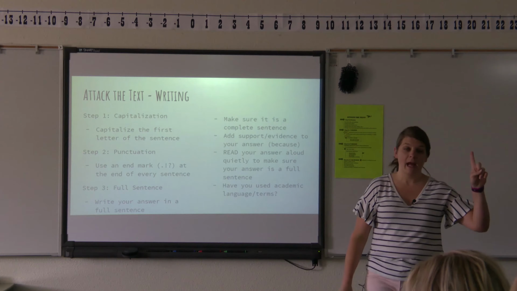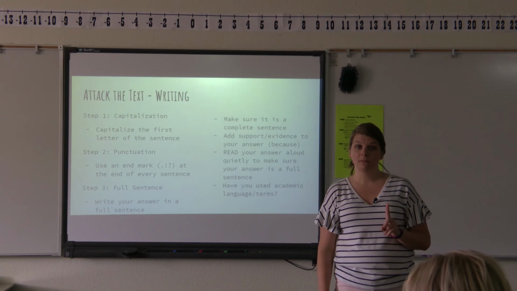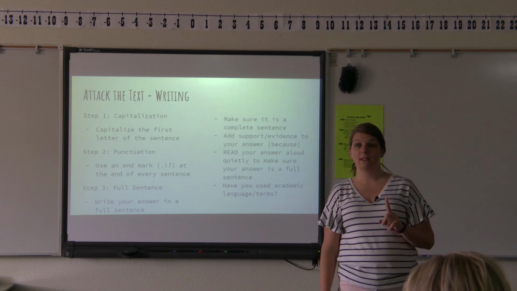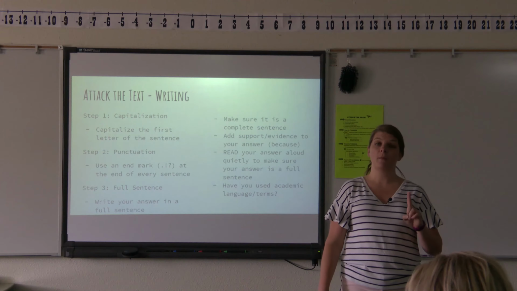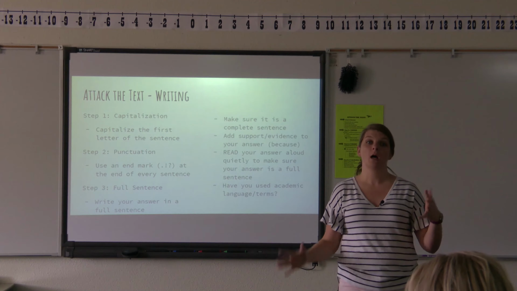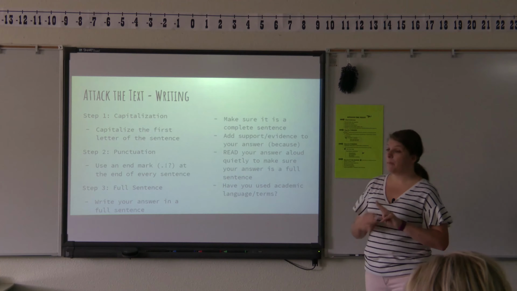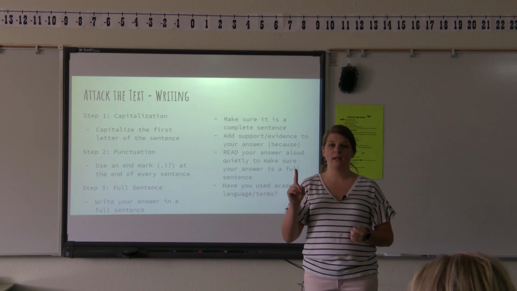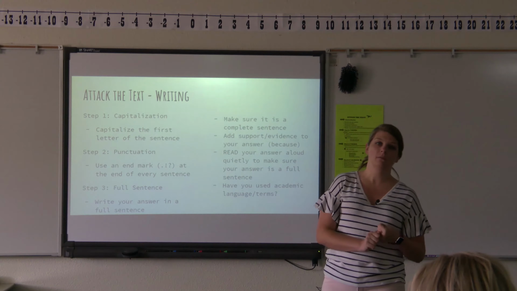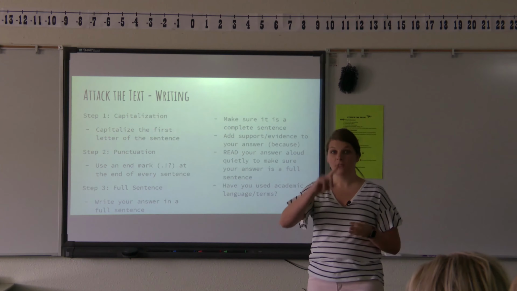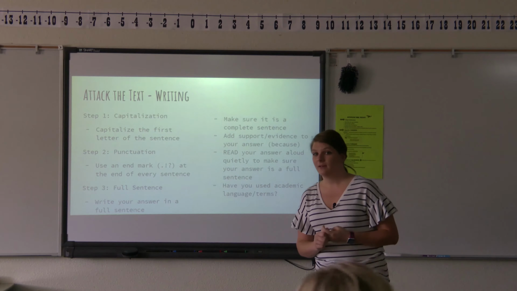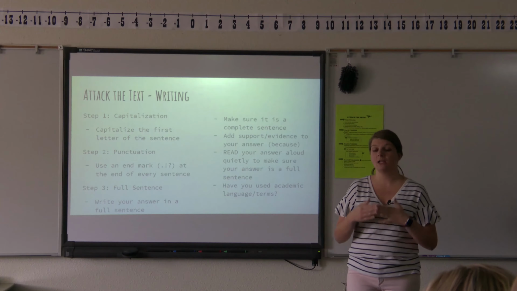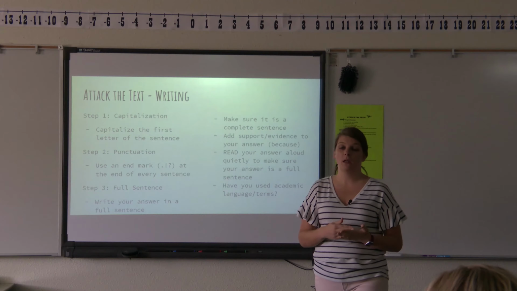But step one is capitalize the first letter of the sentence, capitalize I, capitalize proper nouns, which means names, places, or things that is their name. Add end punctuation: a period, an exclamation point, singular, one exclamation point, and a question mark. Once again, singular question mark. And write in a complete sentence so that as you read it aloud, it sounds like someone is speaking.